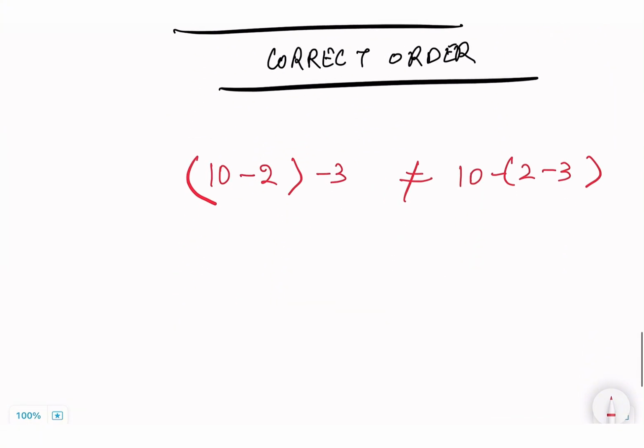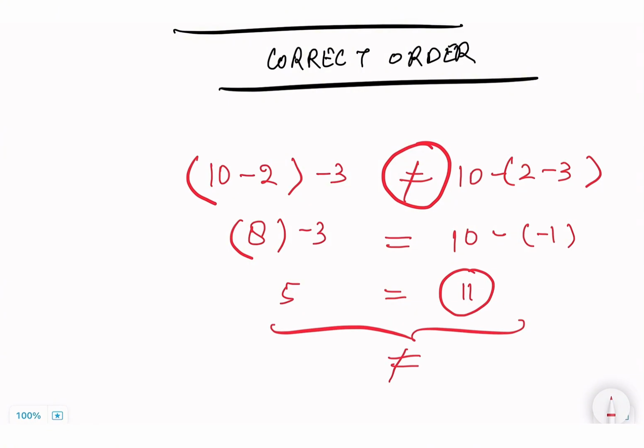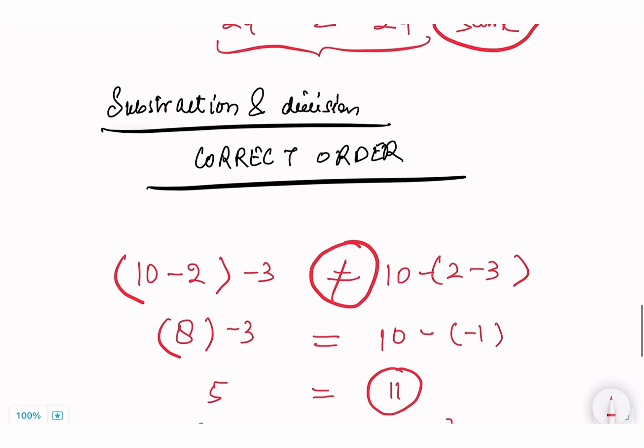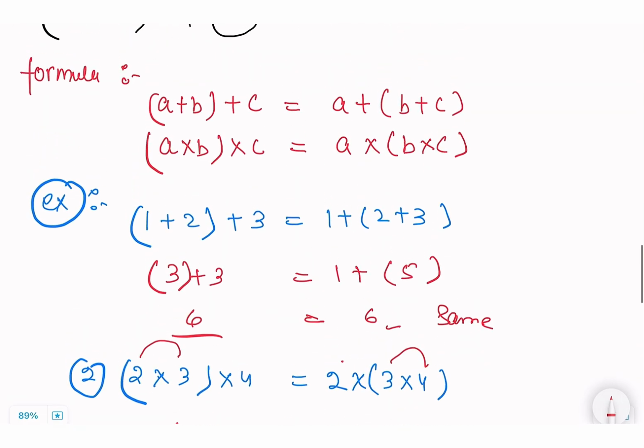We can solve to see why it's not equal. 10 minus 2 is 8, minus 3 is 5, while 10 minus 1 is 9... 8 minus 3 is 5, and the other gives 11. So 5 and 11 are not equal to each other. So this property is not applied to subtraction or division. It applies only to multiplication and addition.